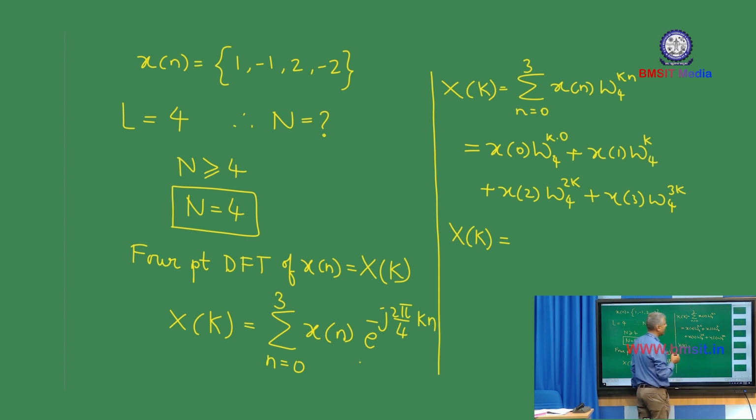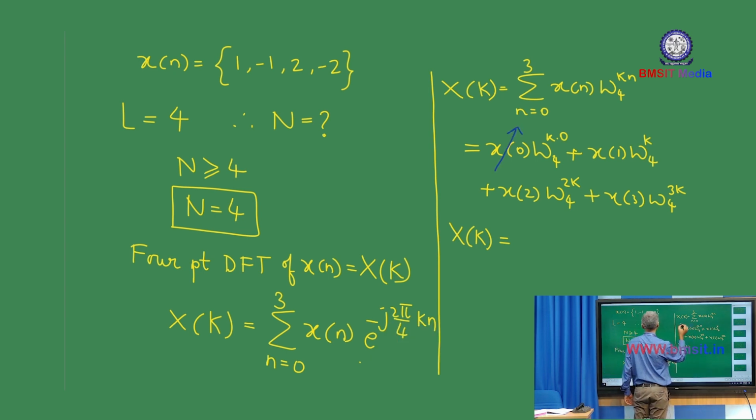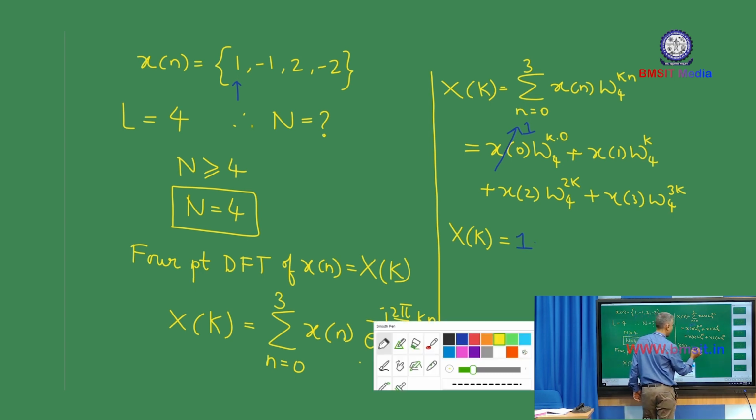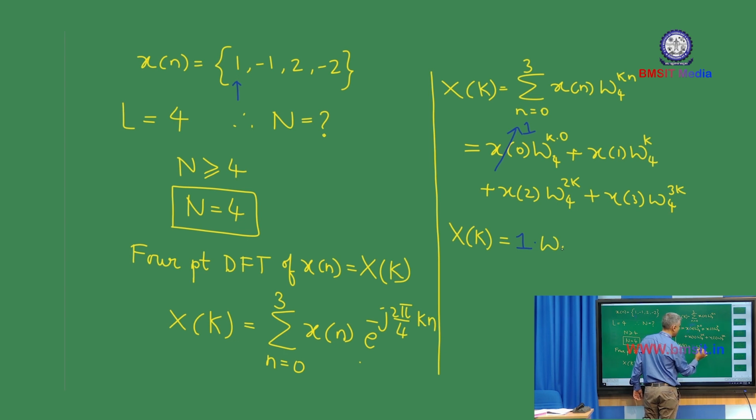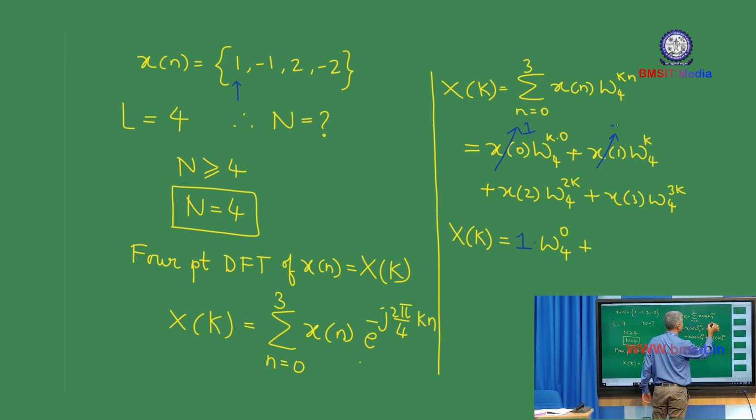So let us substitute the values of x of 0. What is the value of x of 0? X of 0 happens to be 1. So I can replace it as 1 into the twiddle factor W4 raised to k into 0, which is 0. Plus you can observe the next sample, x of 1, which is minus 1.